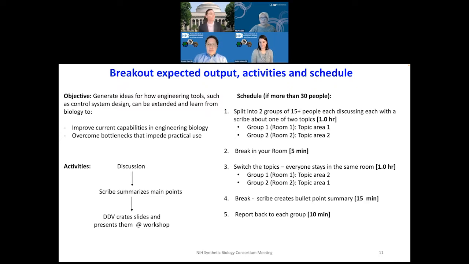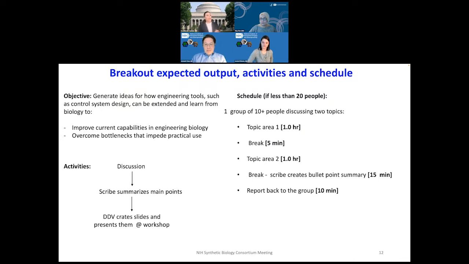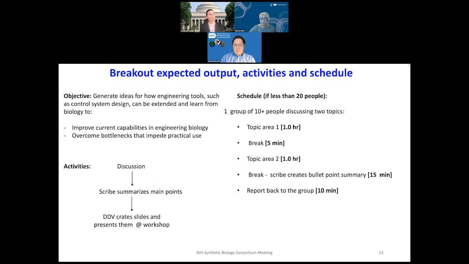Tuba, yes. Sounds good. So then this is the schedule. We will have 1 hour to discuss topic area 1. Then we will have a break of 5 minutes. And then we will have another hour to discuss topic area 2. And then the scribe will summarize and report back to the group.